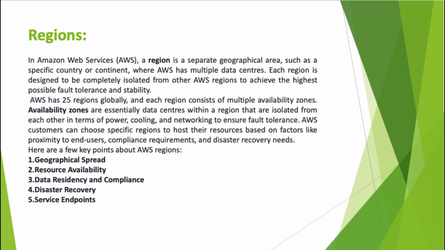Some services are launched in specific regions first and then expanded to others based on demand and infrastructure readiness. Data residency and compliance. Organizations can choose specific regions to ensure that their data resides within a particular country or jurisdiction, meeting legal and compliance requirements.